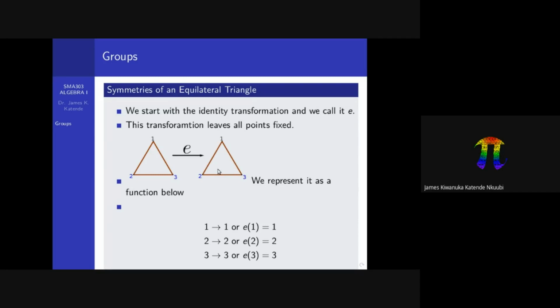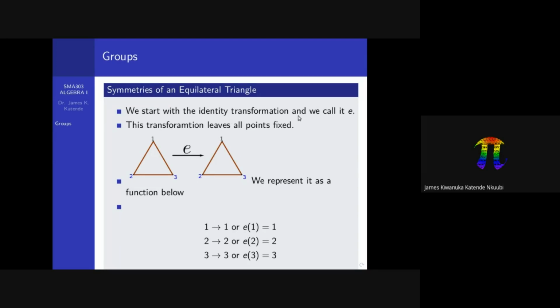If you're going to represent this as a function, this is what we have. The 1 does not move, it remains exactly where it was. So 1 goes to 1, 2 does not move, it stays exactly where it was. 3 does not move, it stays exactly where it was. And this is how we represent it as a function.